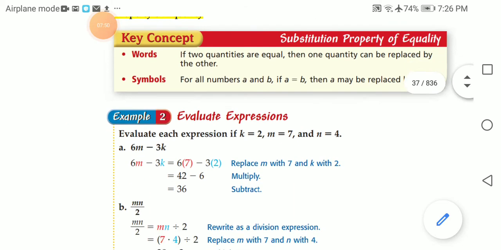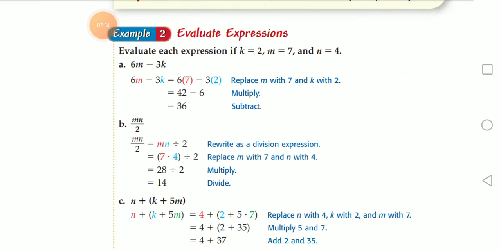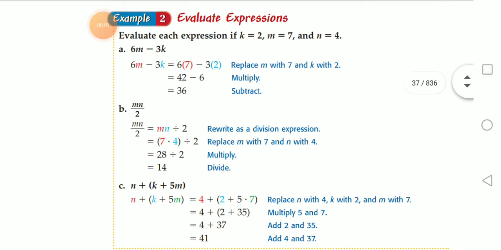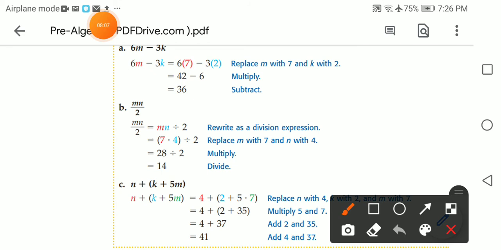Easy. Evaluate expressions. Example 2 here. Evaluate each expression if k equals 2, m equals 7, and n equals 4. It's very easy. Let's solve it together. So 6m minus 3k. Substitute m and k. I have m with 7 and k with 2.